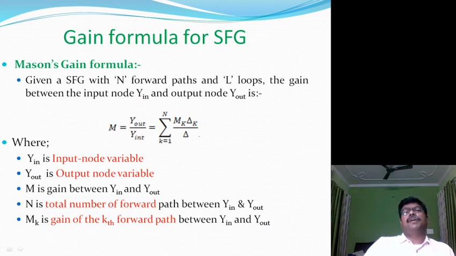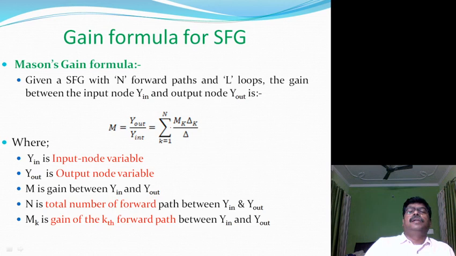He has given a formula such that M, meaning the transfer function or the gain of the system, that is y output upon y input. So this is the output upon input in the Laplace transform, definitely.